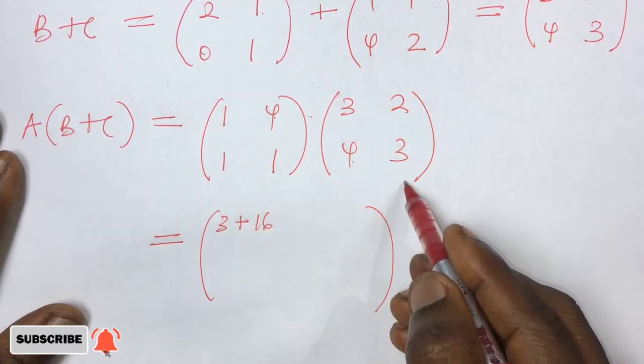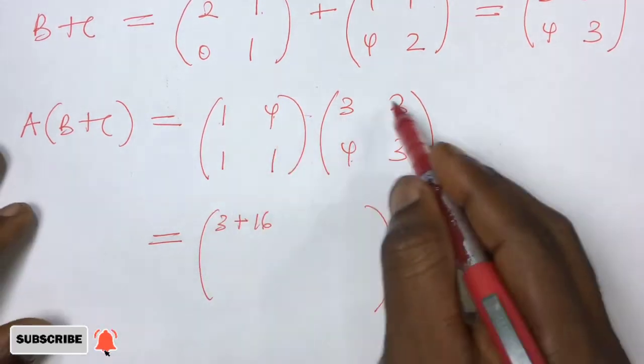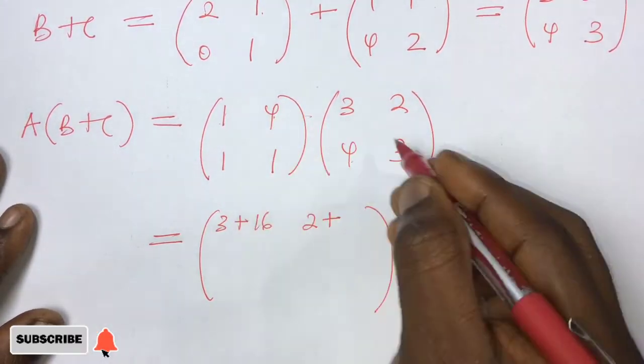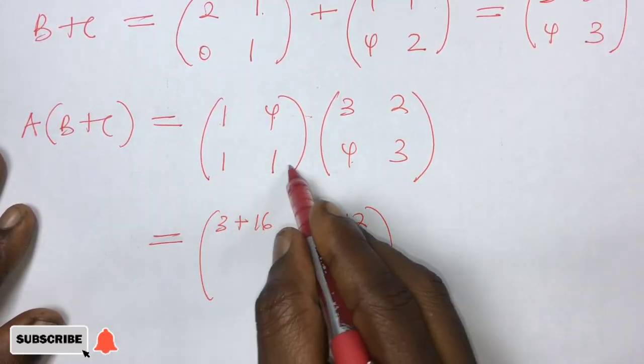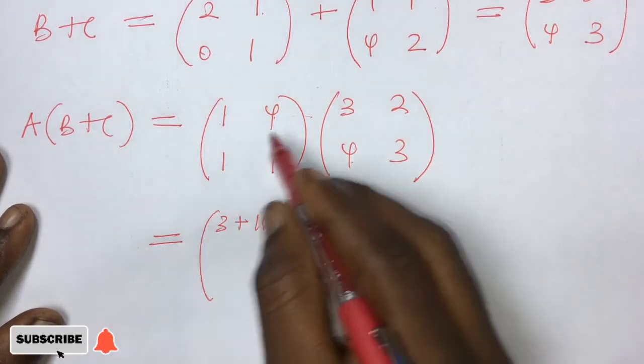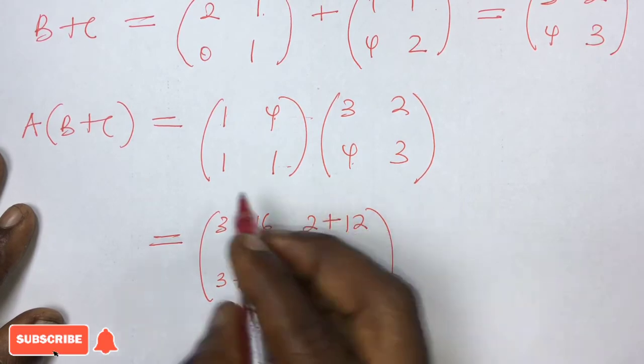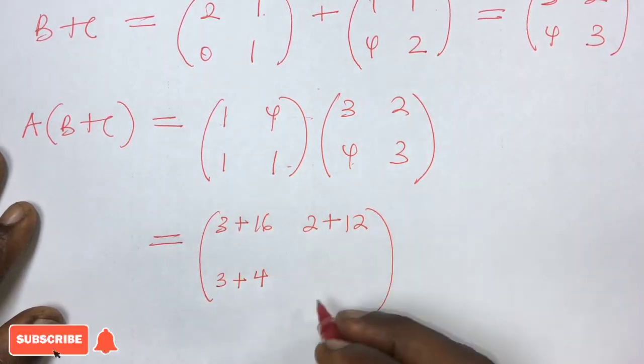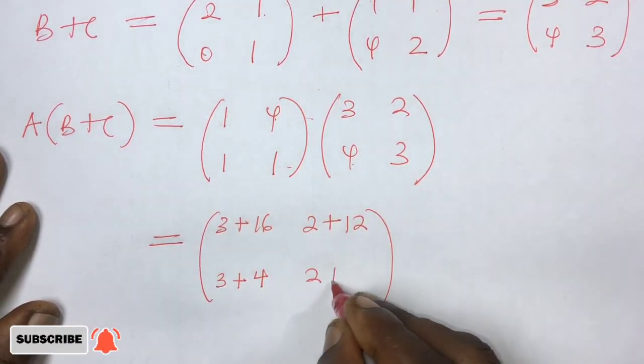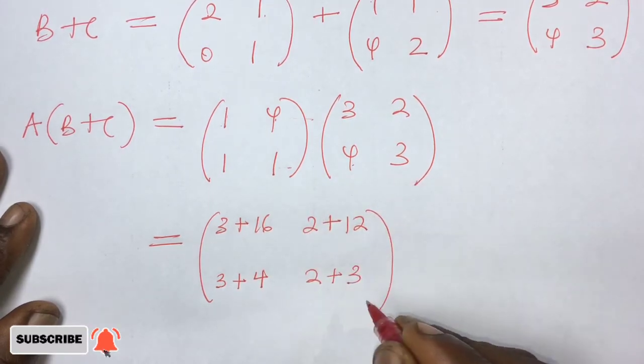Row 1 multiplies column 2, that will be 1 times 2, 2, plus 4 times 3, 12. Row 2 multiplies column 1, that will be 1 times 3, 3, plus 1 times 4, 4. Row 2 multiplies column 2, that will be 1 times 2, 2, plus 1 times 3, 3.